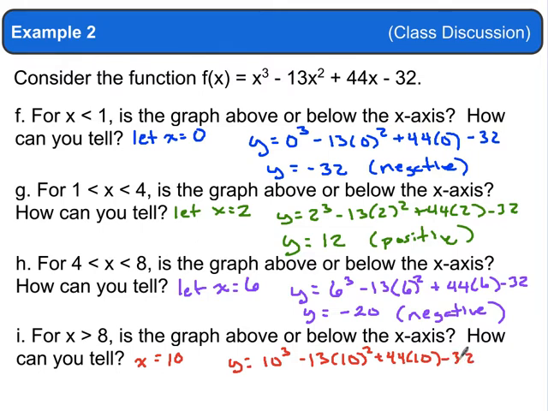So 10 to the third power, which is 1,000, minus 13 times 100, which is 10 squared, plus 44 times 10, and then minus 32, and we're going to get y equals 108, which is positive.